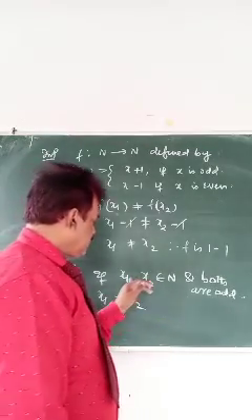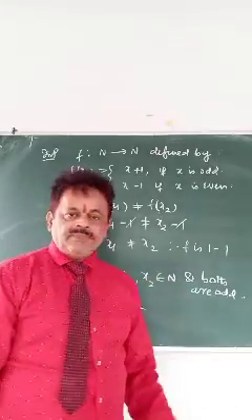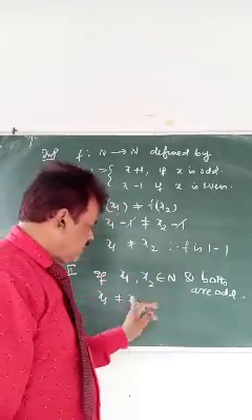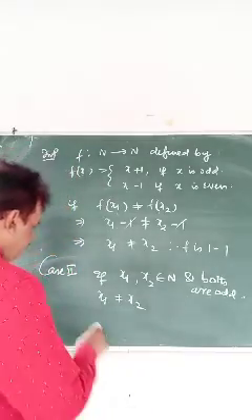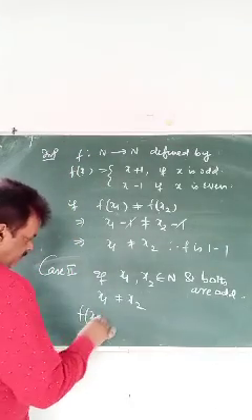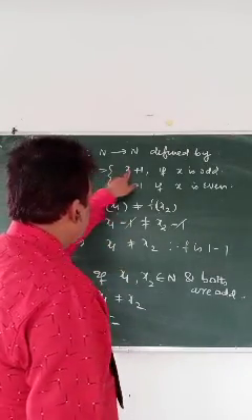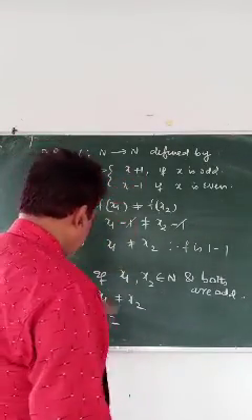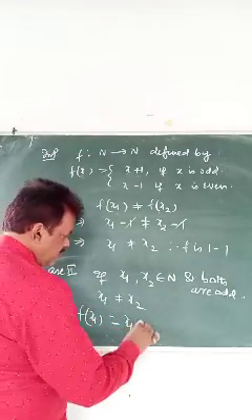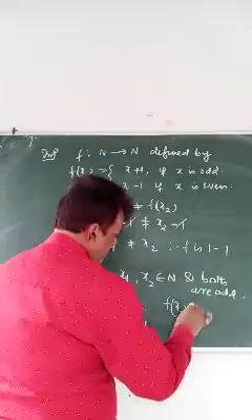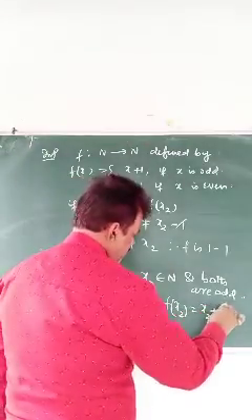One can be 3, the other one can be 5. So both are not equal. Now what is your f(x1)? When this is odd, your definition is x plus 1. So that will be x1 plus 1. What is f(x2)? It is x2 plus 1.